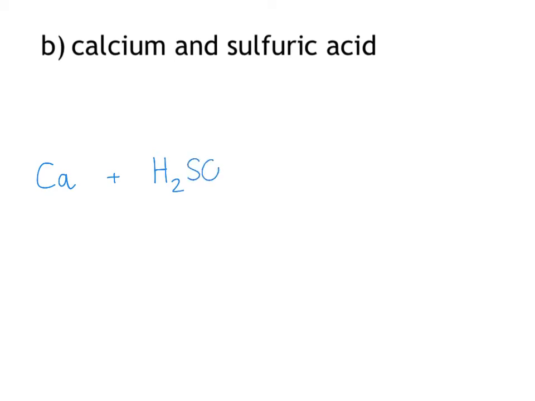Right now, calcium is just reacting with sulfuric acid. So the salt it's going to make is calcium sulfate. That works nicely because calcium is a 2+, sulfate is a 2-, so CaSO4 would be my formula.